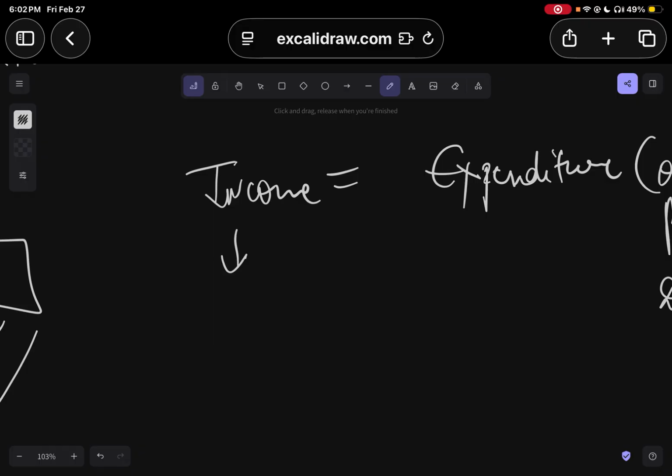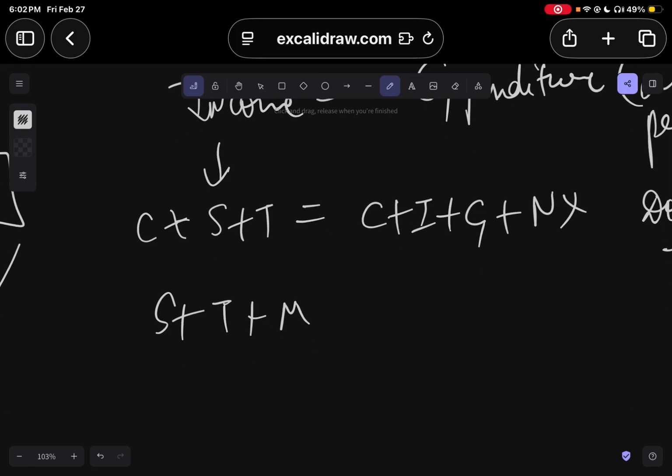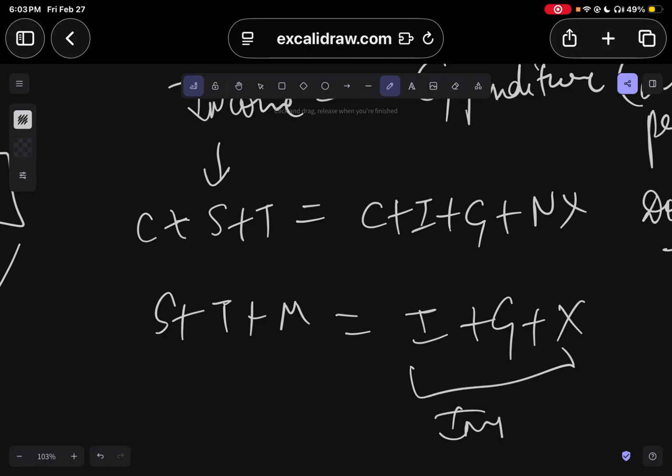So income includes C plus S plus T, and expenditure is C plus I plus G plus NX. Leakage from circular flows are S plus T plus M, which are savings plus taxes, savings plus transfers plus imports, which are equal to investments plus government expenditure plus exports. These are injections and these are leakages.